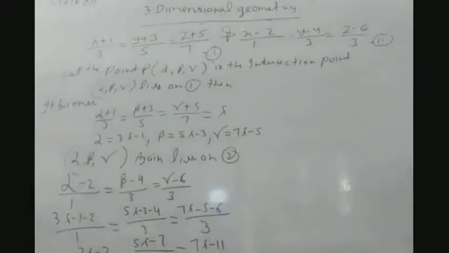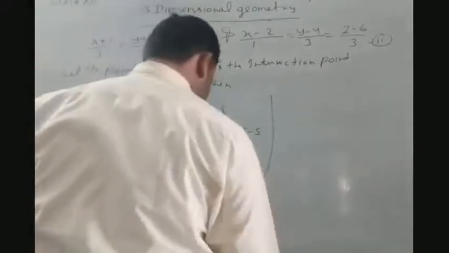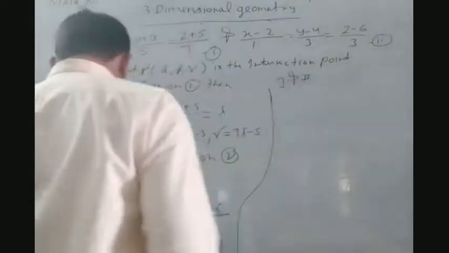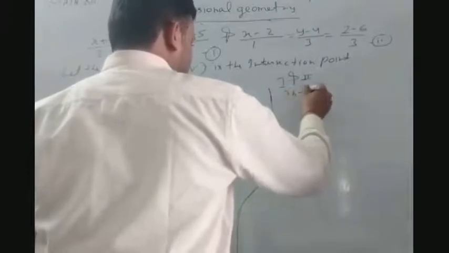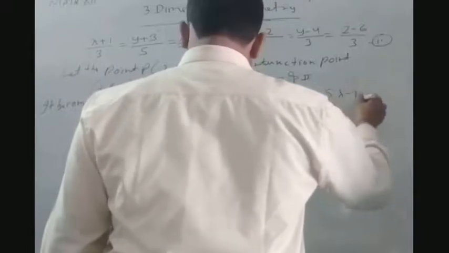Now we take the first and second parts and find the value of lambda. Again we take the second and third and find the value of lambda. If both lines intersect each other at a point, it means that lambda will be the same. Taking the first and second parts, we get (3 lambda minus 3) by 1 is equal to (5 lambda minus 7) by 3.